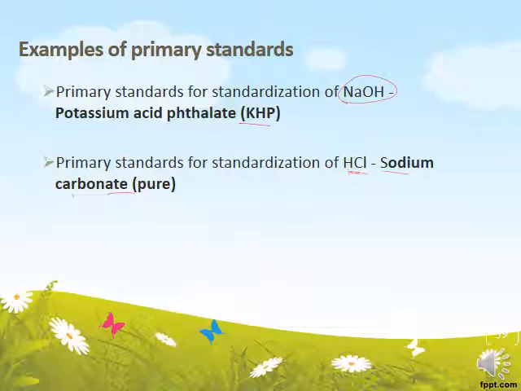So secondary standard, normally the characteristic is less pure compared to the primary standard. It is also less stable, but more reactive. And also when it is in the solution form, it is more stable compared to primary standard. But still somehow you have to standardize secondary standard with primary standard.